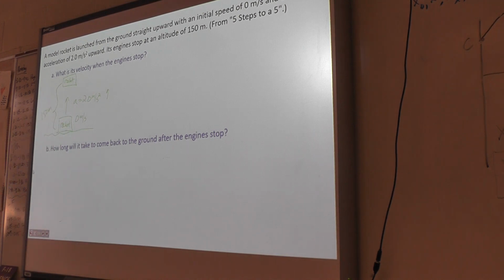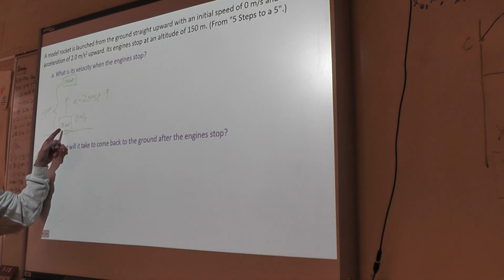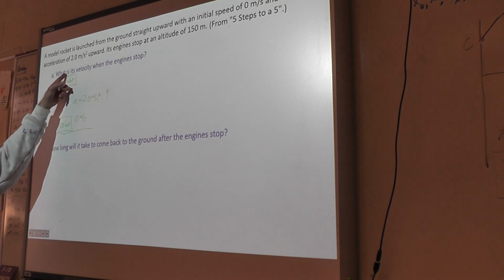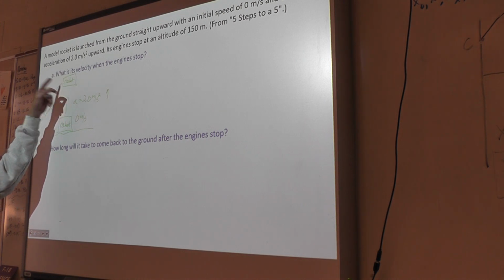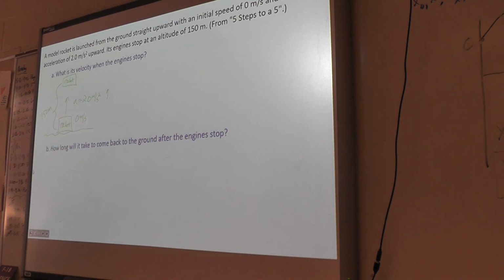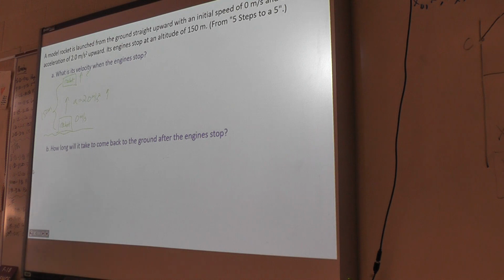And the question is, what's its velocity? The engines shut off, but it doesn't stop moving. It's still going up. It was accelerating at 2.0 meters per second squared for some amount of time. It sped up. It was going faster and faster and faster, and when those engines shut off, it was at its maximum speed. So this is still going up. We just don't know how fast, okay?